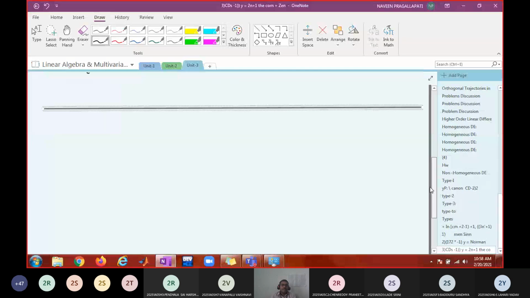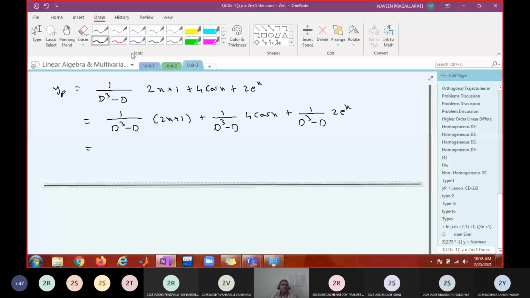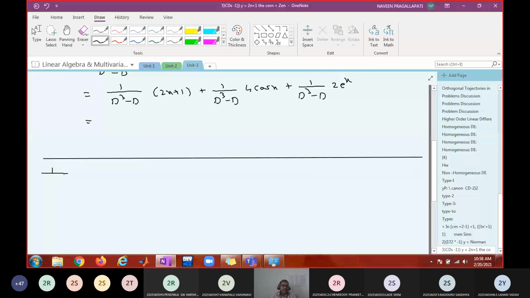So 1 by D cube minus D of 2x plus 1, you do it separately, and so on. How do you do 1 by D cube minus D of 2x plus 1? I can write it as 1 by D into D square minus 1 of 2x plus 1. Am I right?